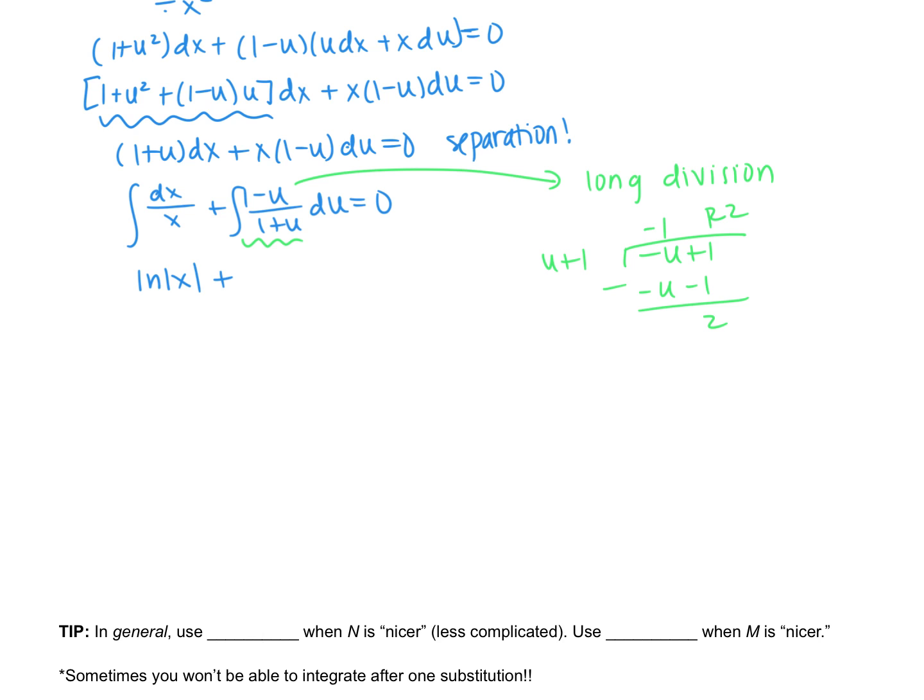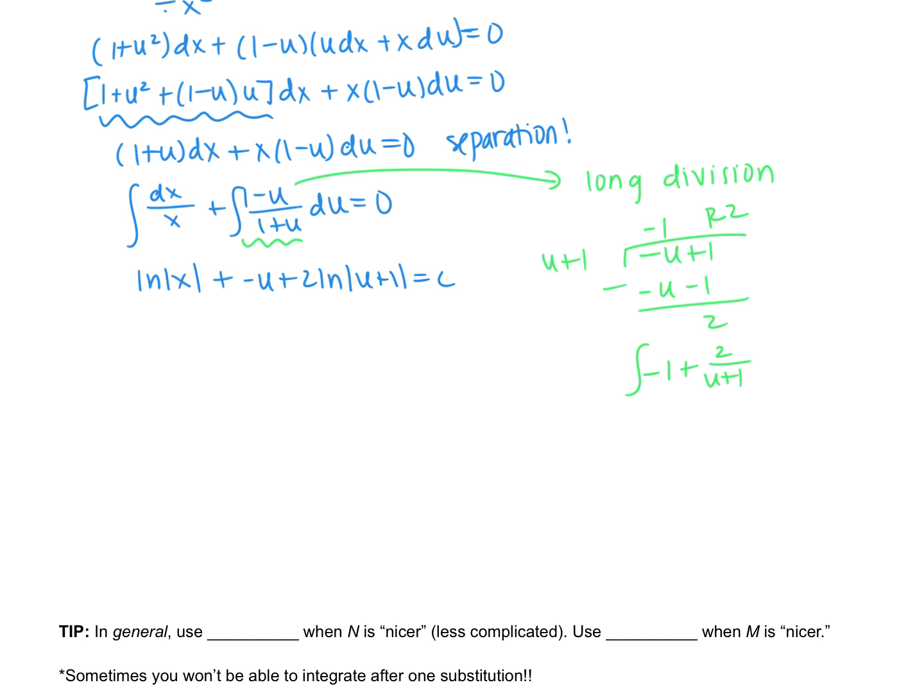So there's a remainder of 2. So that is the same as negative 1 add 2 over u plus 1. So that is really what I'm going to be integrating. When I integrate that quantity in yellow, I get negative u add 2 natural log of u plus 1, and all of that is equal to some constant.